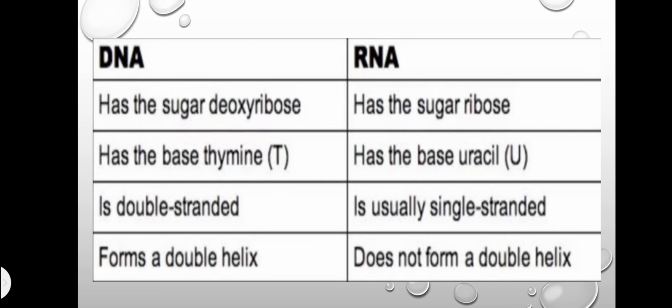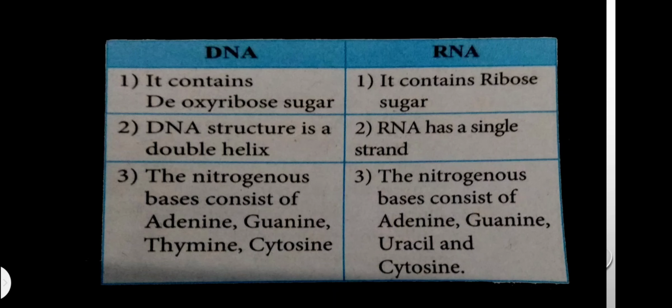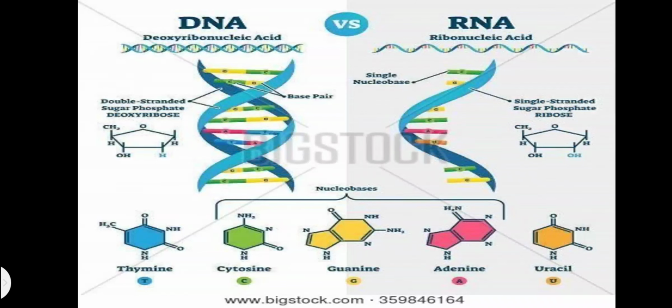DNA is double-stranded and RNA is single-stranded. DNA basically is a double helix and RNA does not form a double helix. The nitrogenous bases of DNA include adenine, guanine, thymine and cytosine. And the nitrogenous bases of RNA consist of adenine, guanine, uracil and cytosine.